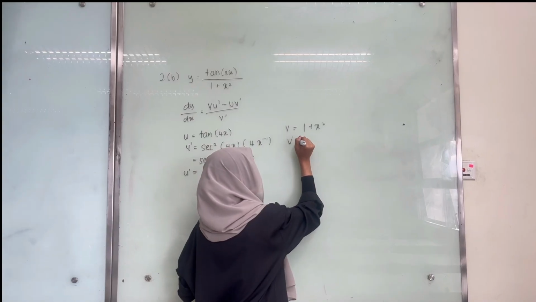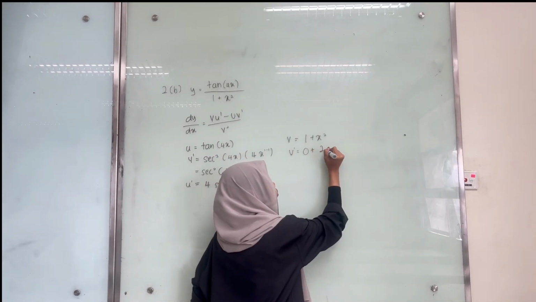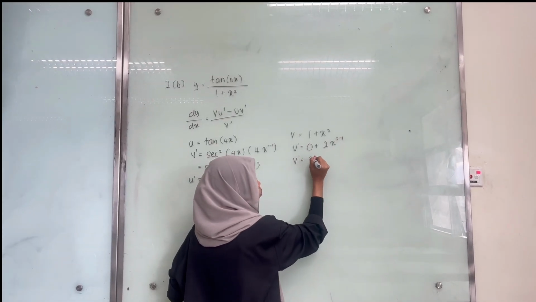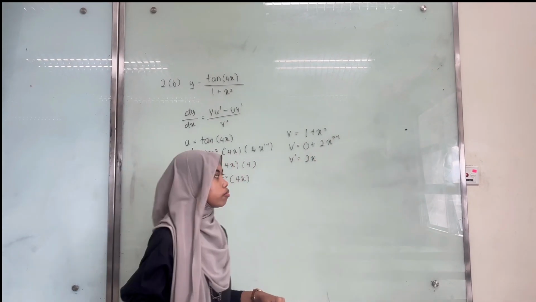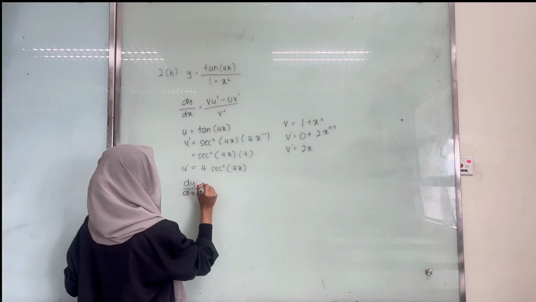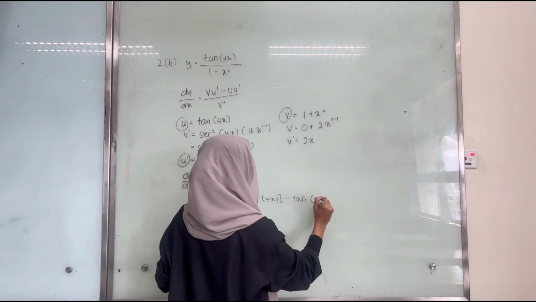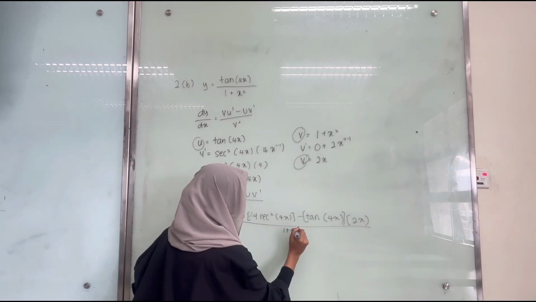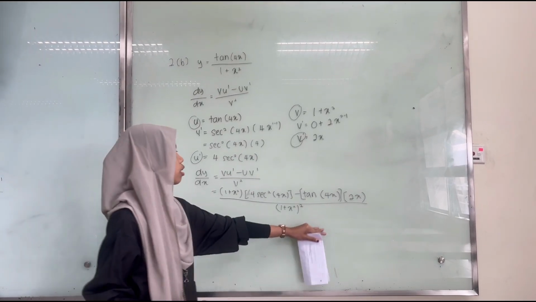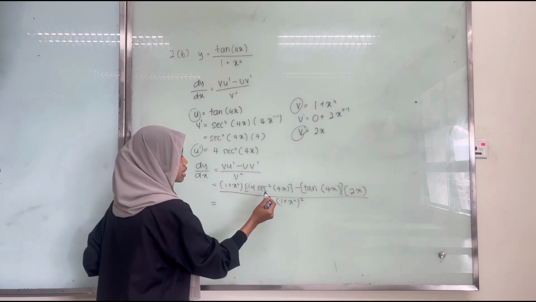v prime equals differentiate 1 and it will be 0, plus 2x to the power of 2 minus 1. Simplify, 2x to the power of 1. And then we just have to substitute the values inside the formula. So we just have to simplify this equation: 1 plus x squared, 4 secant squared 4x.